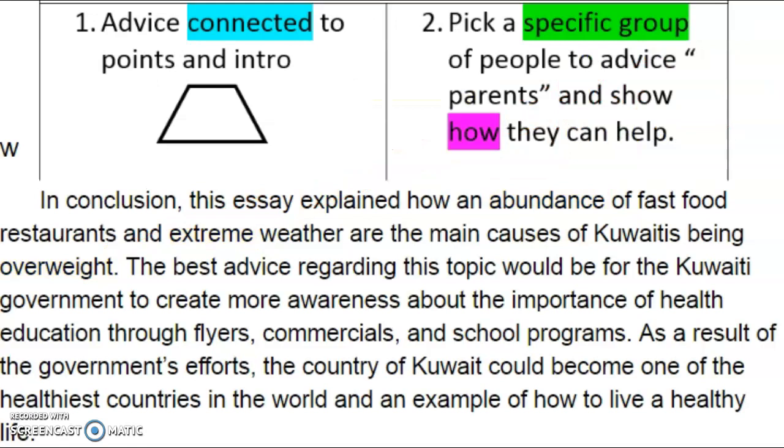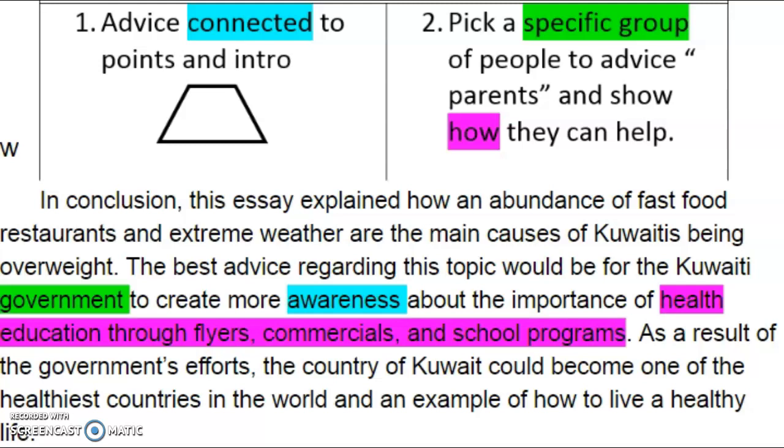Next, we'll give advice. You should have found who the specific group was that they gave advice to and what that group should do. If you found that, good. This was also a way that it connected, because it brought up education and awareness in the intro. So this was a way that it connected to the intro for this example. And then the specific group was the government. And what did they tell them to do?